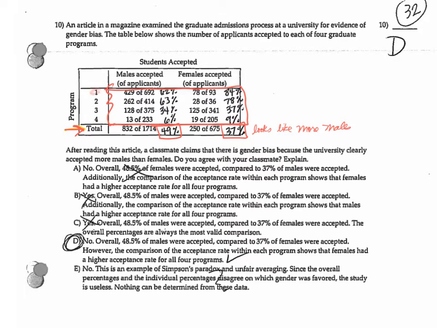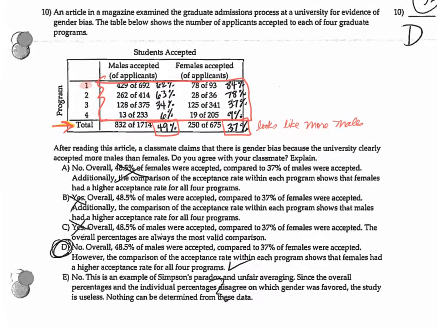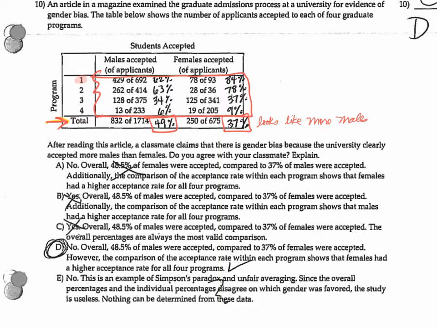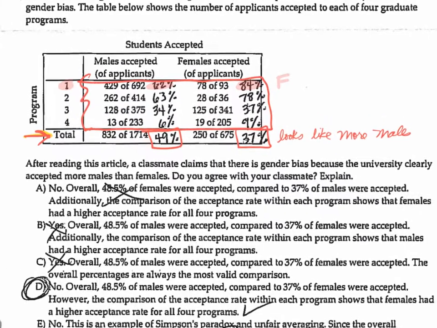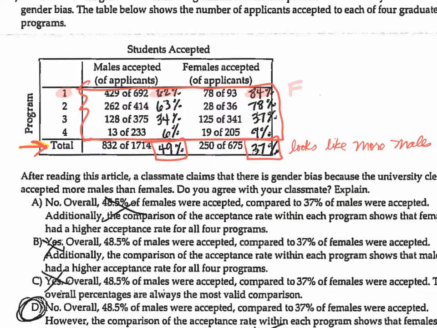So in program number 1, I went ahead and figured out the percentages. 429 out of 692, 62% of the males, 84% of the females. So who was better? Females. In program 2, 63% of the males, 78% of the females. Who was better? Females.